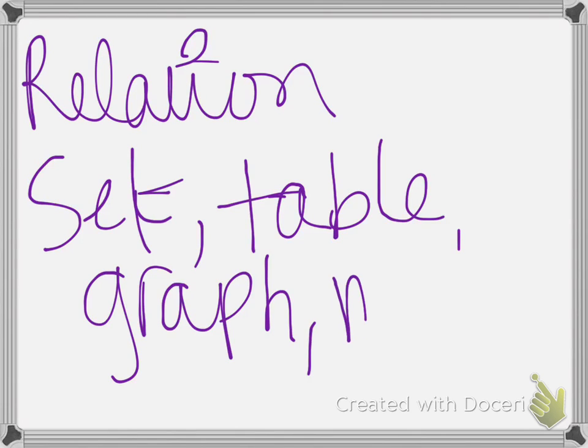And even, I'm going to abbreviate here, MP for mapping diagram. So those were the few ways that we can represent the relations, the sets of ordered pairs.